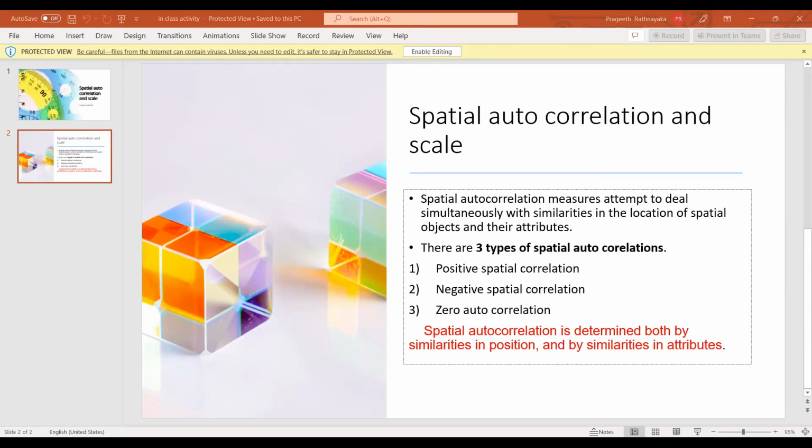When different results are found in nearby locations, then there is a negative correlation. And also there are some situations where there is no autocorrelation between nearby areas.